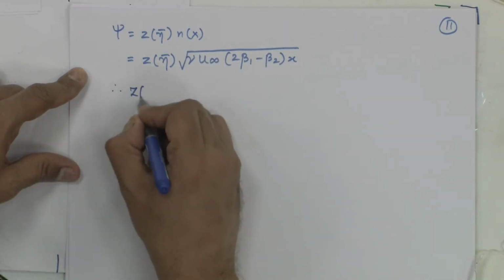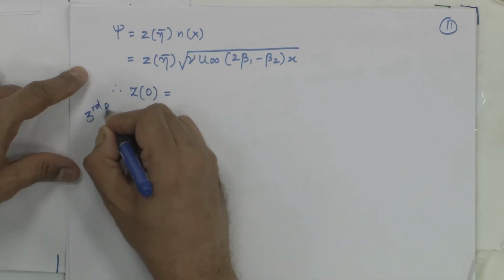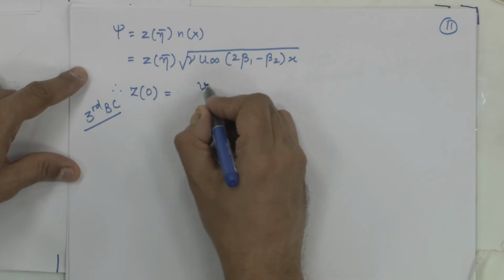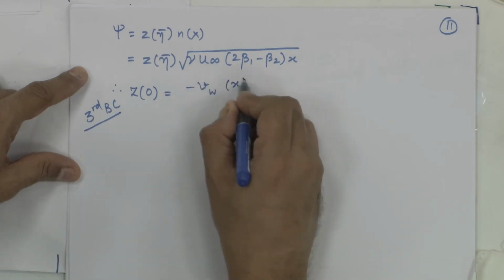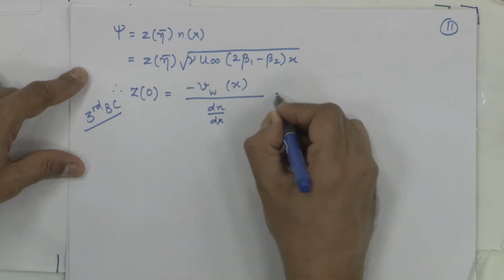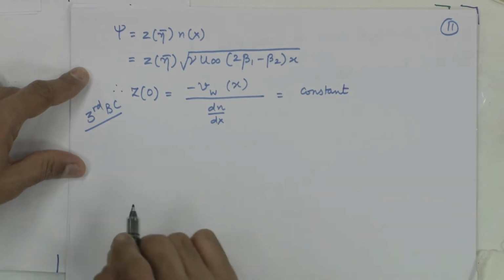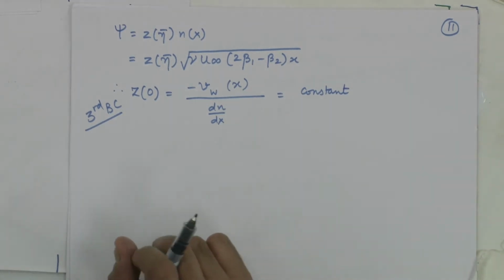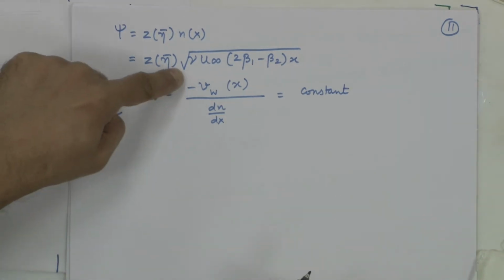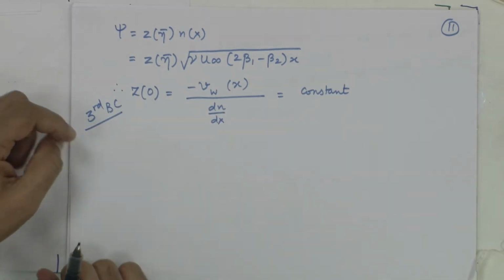Therefore, my z of 0, third boundary condition for VW, remember that? That is VW of x with a negative sign divided by dn by dx is equal to constant. Okay, this is also constant. N we saw, this n differential we will take here, and that also has to be a constant.